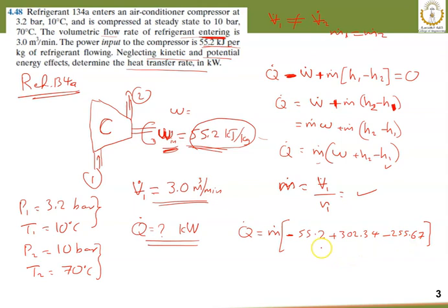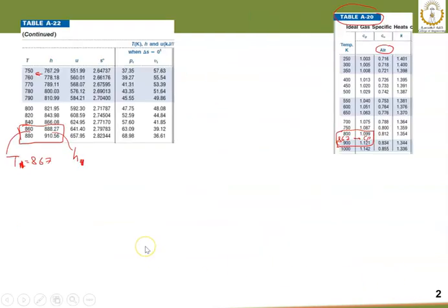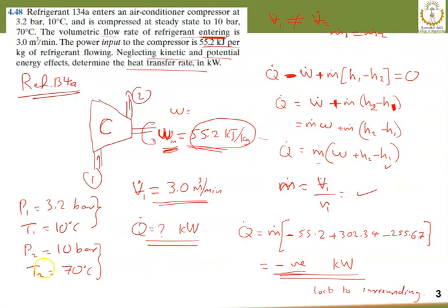So this is what we have, and you notice here that the result will be negative, and this will be in kilowatt. So the negative heat transfer means that the heat transfer is lost to the surroundings. Okay, thank you.